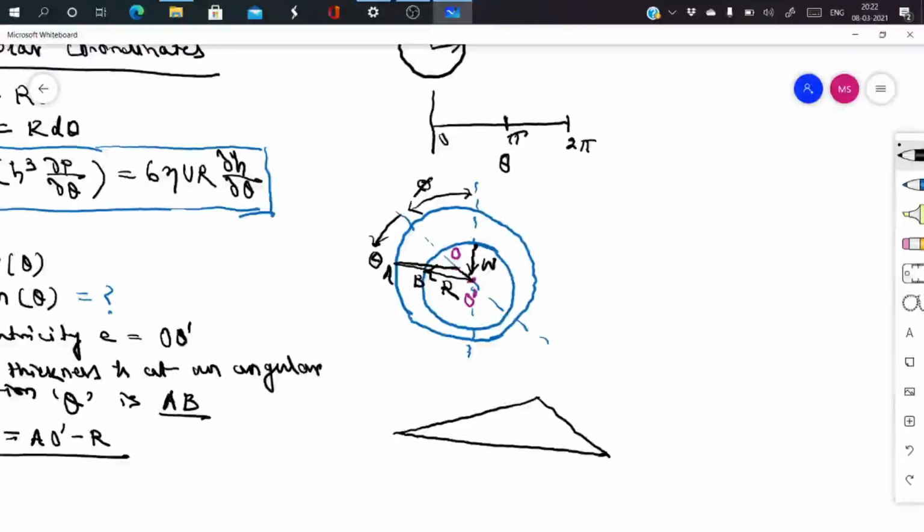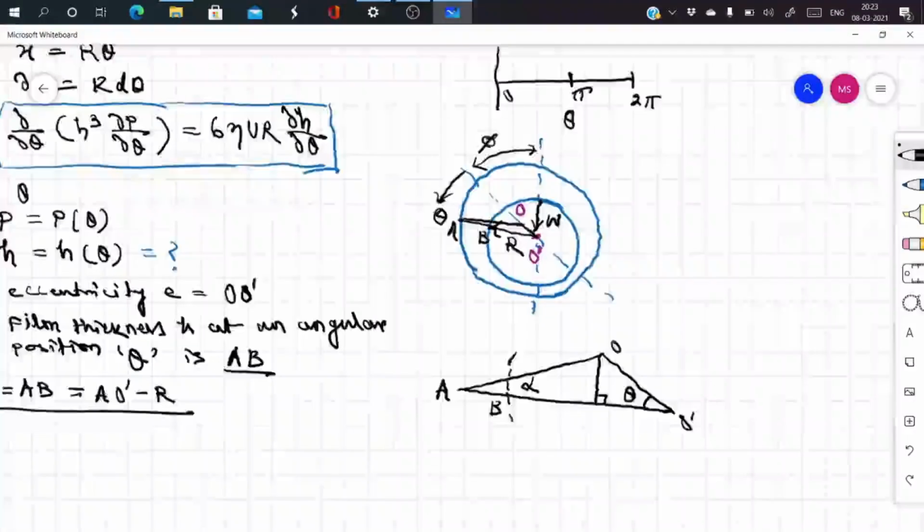This is A, this is O dash, this is O, and this point is B. So we are going to measure AB, and this angle let be alpha, and let us connect like this, where you have this 90 degree and this angle is theta, as per our definition.